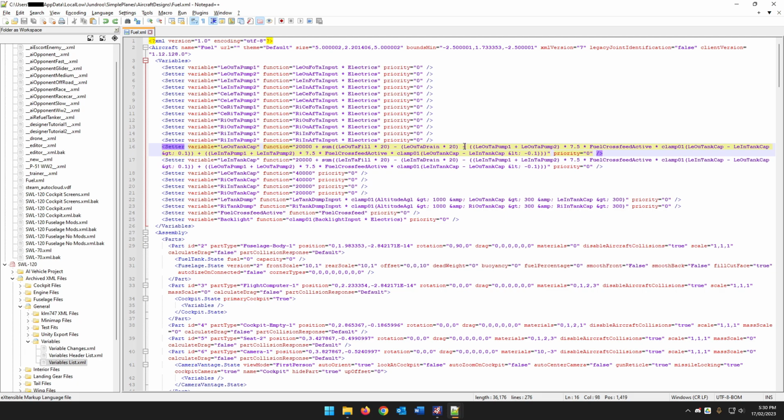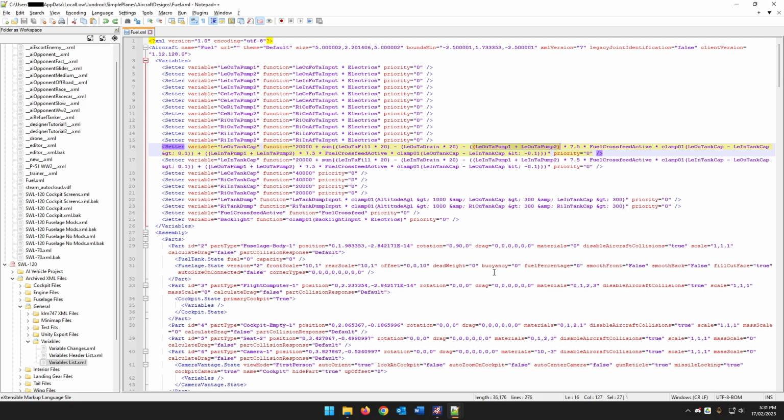And then we have the crossfeed drain and crossfeed fill. This will change to a few more variables for the tank which has two tanks side by side, but for these two tanks it's relatively simple. Now in this one expression we have quite a few things. First we have some code which just checks if the two pumps are on, and this crossfeed system has a different rate of drain or fill based on how many pumps are active.